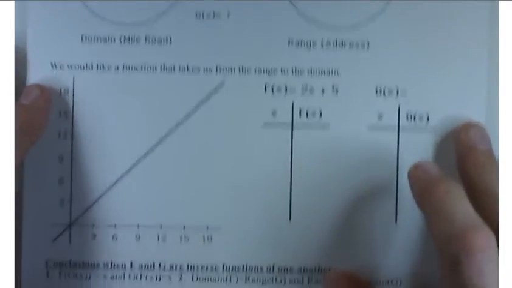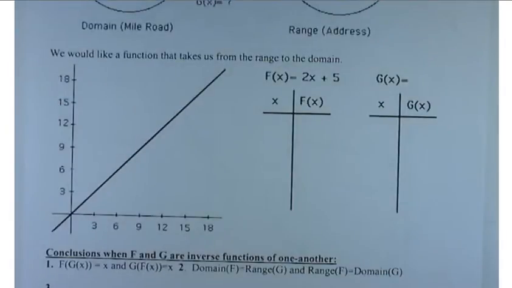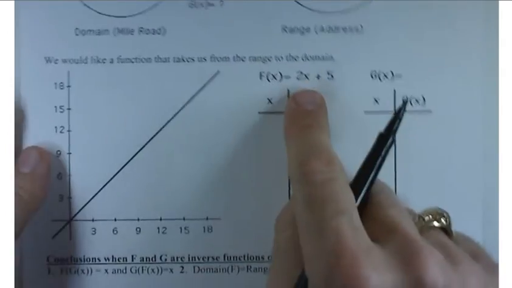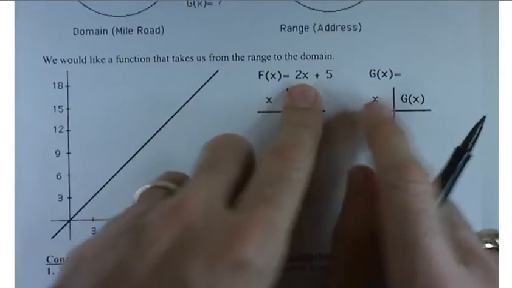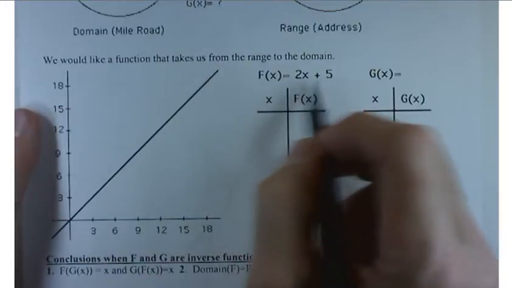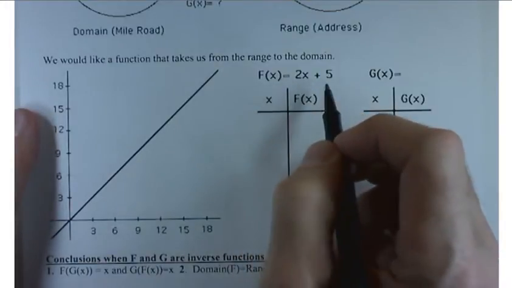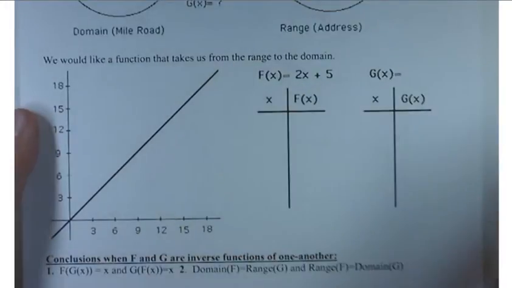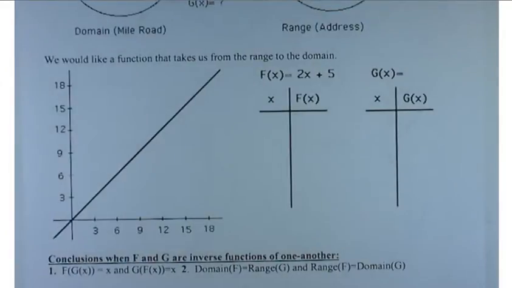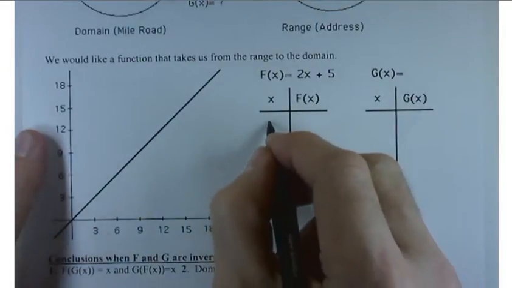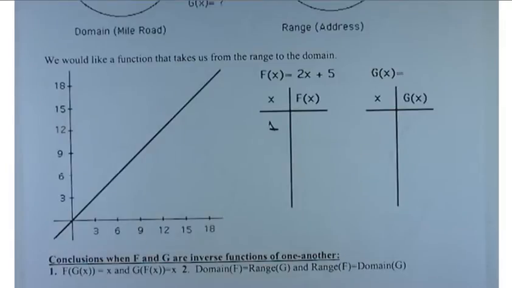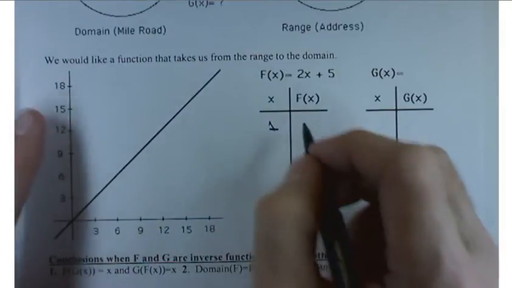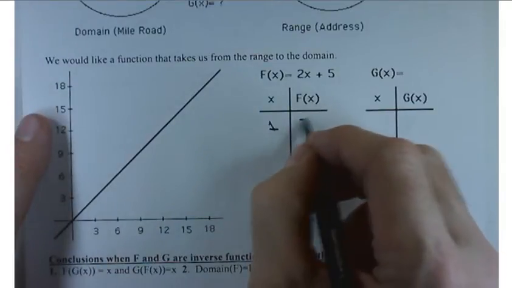Now to study this and understand the important properties, let's run through this a little bit quicker than I might usually. And we're going to trim down our function. Instead of using 2,000x plus 5,000, let's use 2x plus 5. And just understand the thousands part. Suppose you're at 1 mile road. That means that you'd be at the 7,000 block.